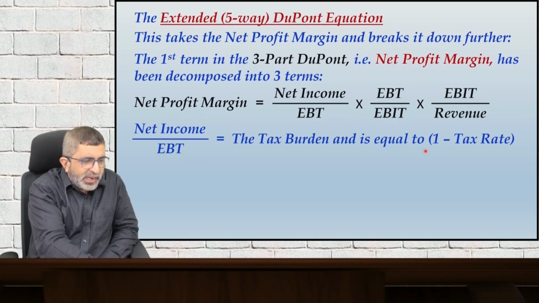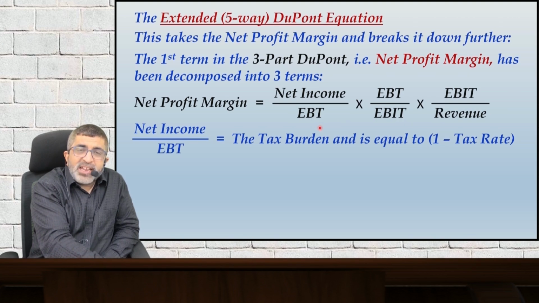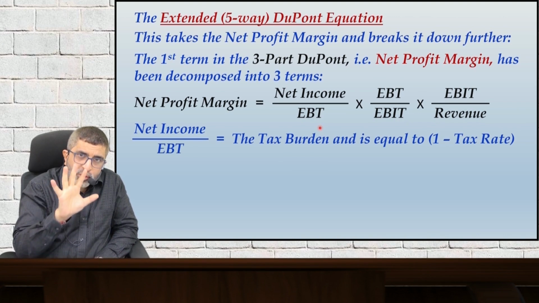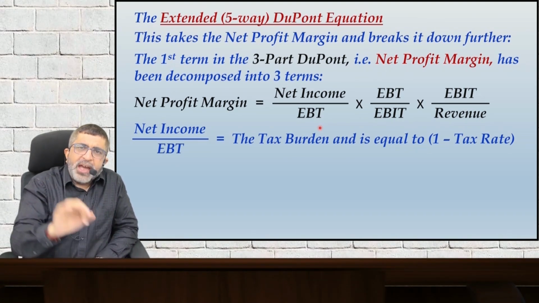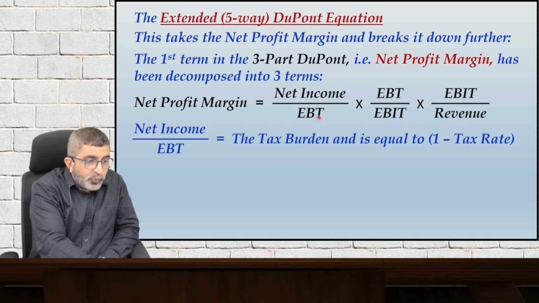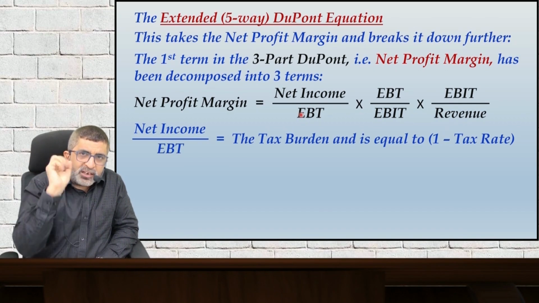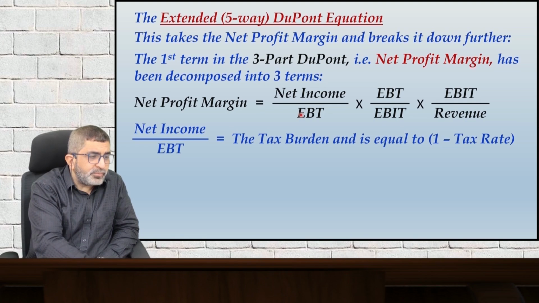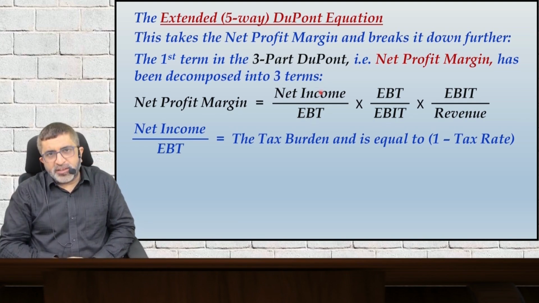Let's say that earnings before tax was $10,000, and 30% is the tax rate. So earnings before tax $10,000. On that, when you apply 30% tax, the amount will be $3,000, and the net income after tax will be $7,000.